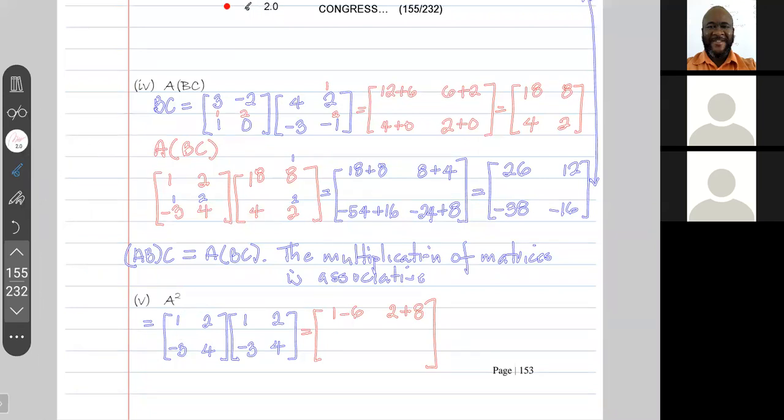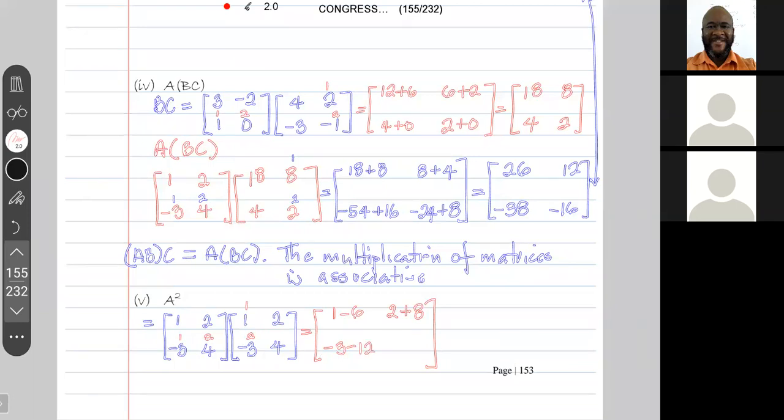First, second, second: -3 times 1 is -3, and 4 times -3 is -12.